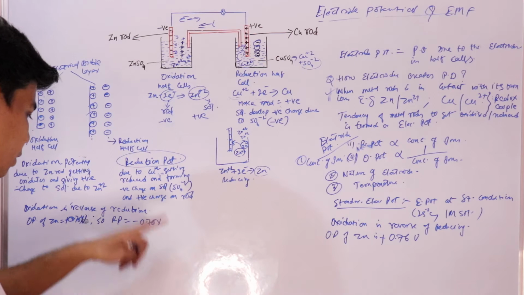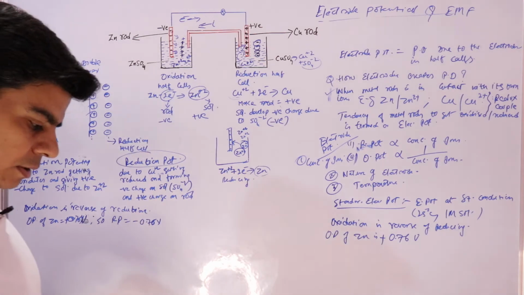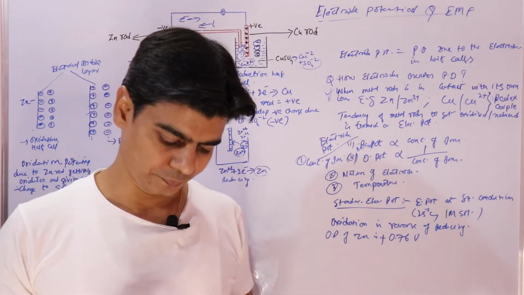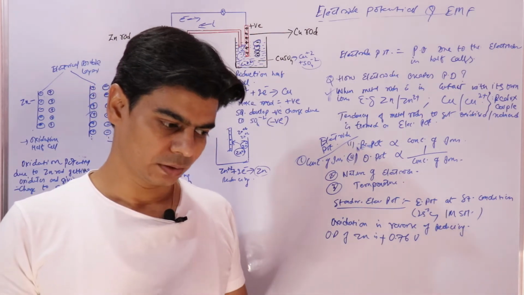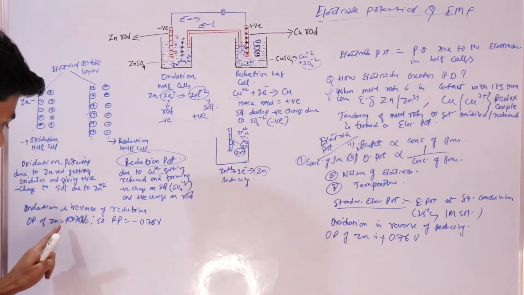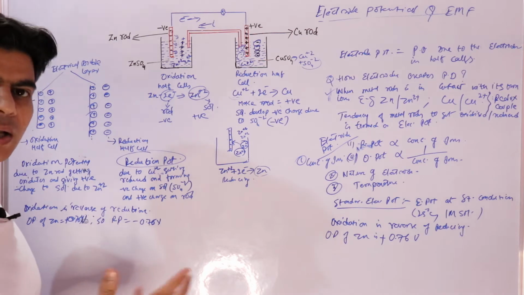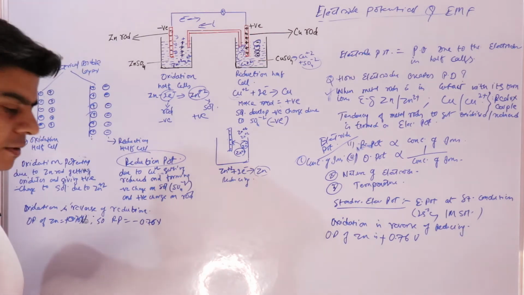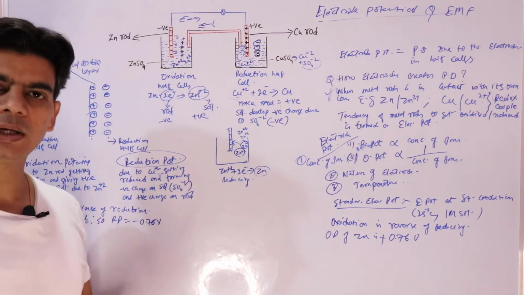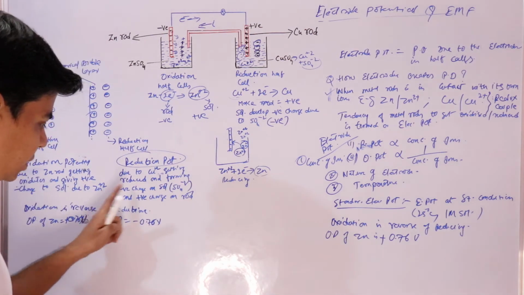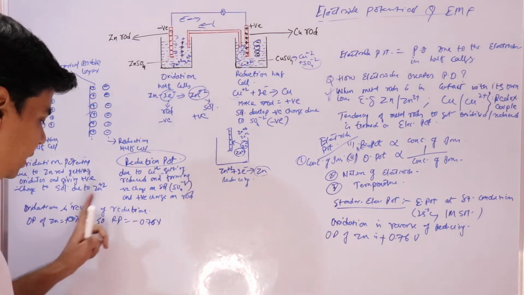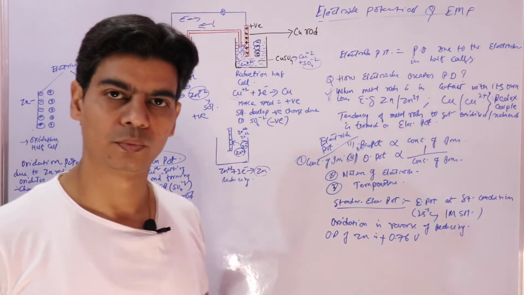So oxidation potential and reduction potential are equal in magnitude but opposite in sign. Since the oxidation potential of zinc is plus 0.76, which is quite high, that is why it gets oxidized. Its reduction potential is minus 0.76, a very low number, so its ability to get reduced is very low.